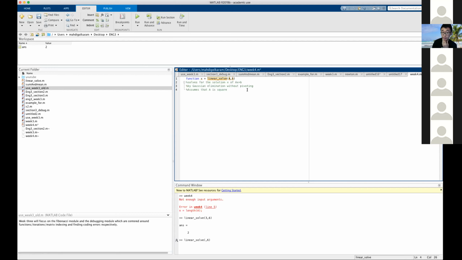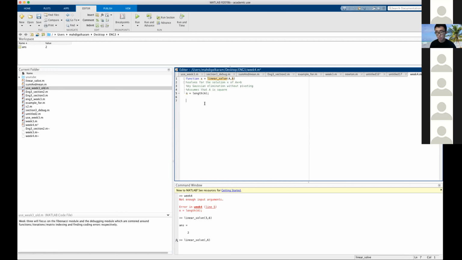I'll leave you about 10 minutes to think about how to solve this one, and I'll give you some hints. Since we assume A is square, the first step is to get the dimension of this matrix, say an n by n matrix. The second thing, as we just covered in the material, is that we have two steps.